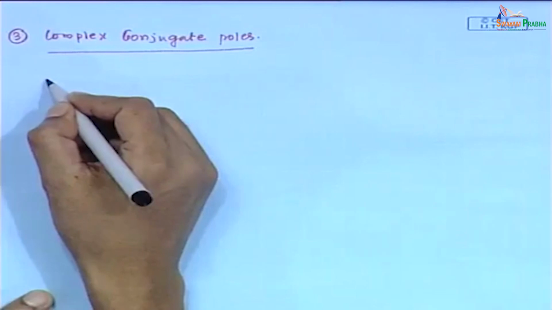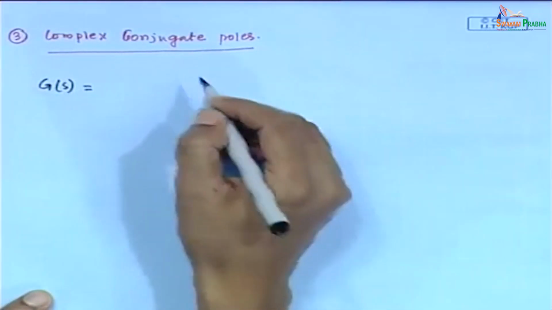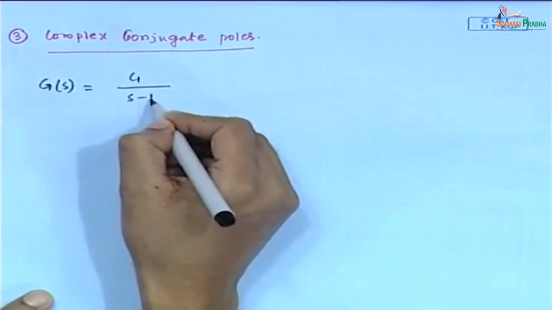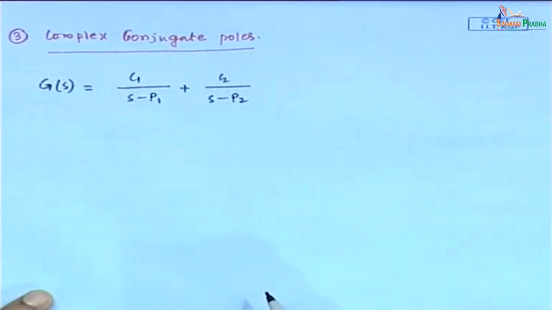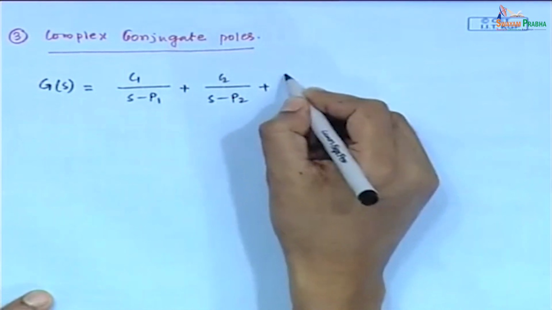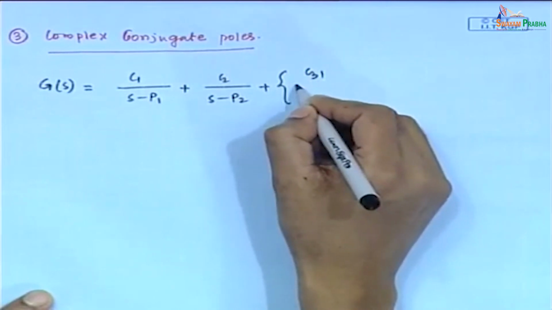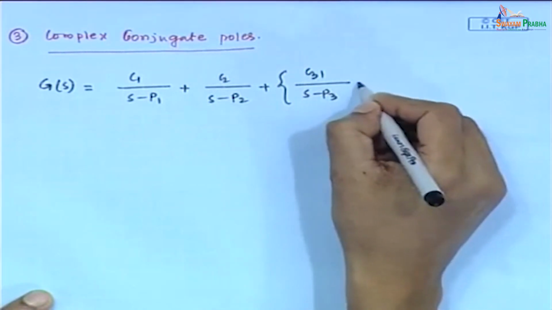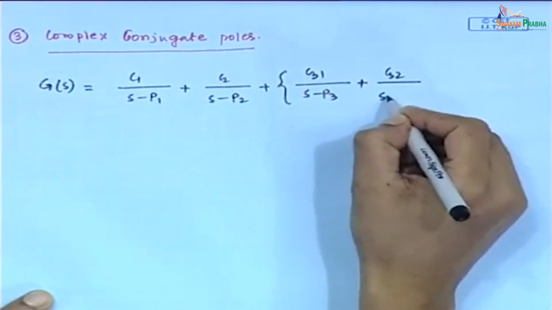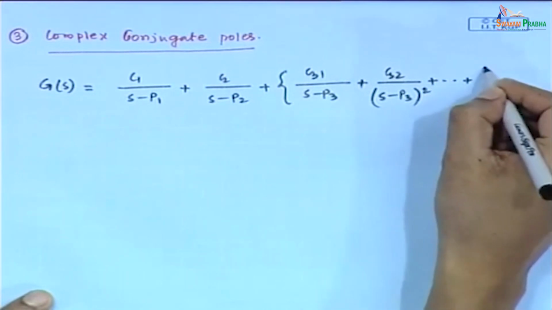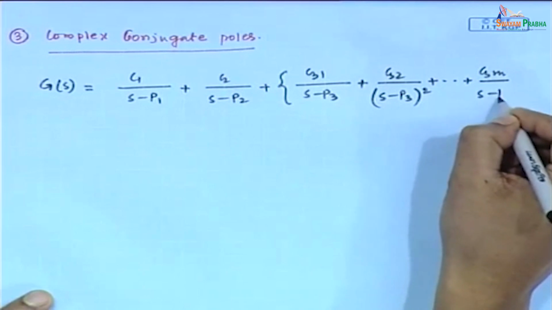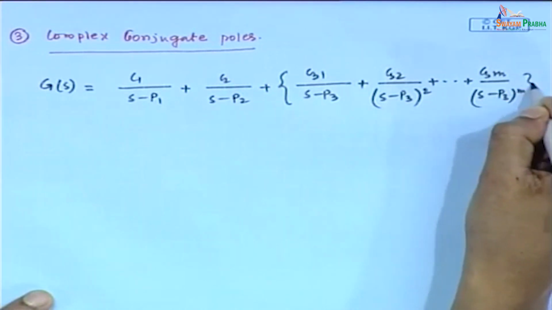The general form of transfer function, I am again writing that: C 1 by s minus P 1 plus C 2 by s minus P 2. These two right hand terms we have considered for the two distinct real poles. Next term we have considered for the multiple real poles, up to C 3 m by s minus P 3 whole to the power m.